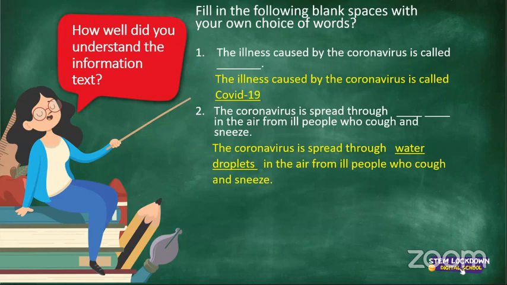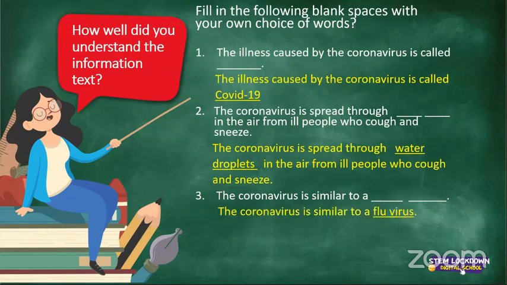Good. Number 3, the coronavirus is similar to a something something. Can you think of 2 words that go there? Somebody put common flu, one could say that. Or you could just say flu virus, right?